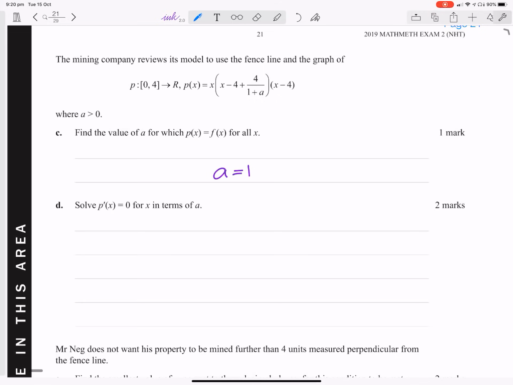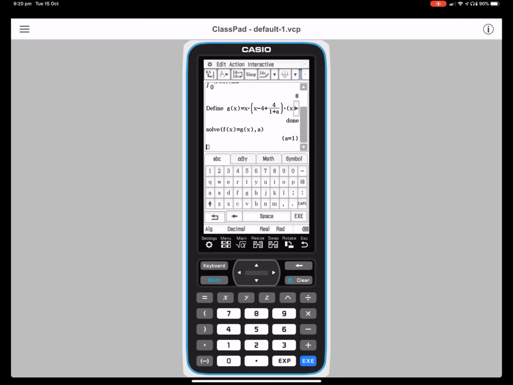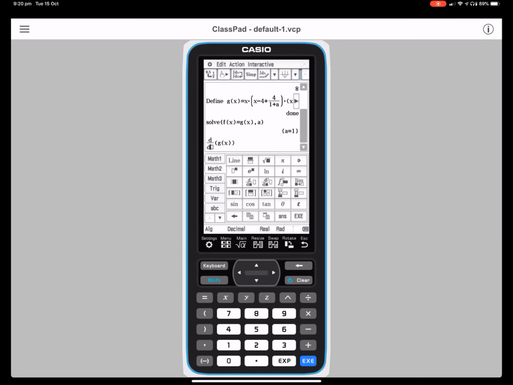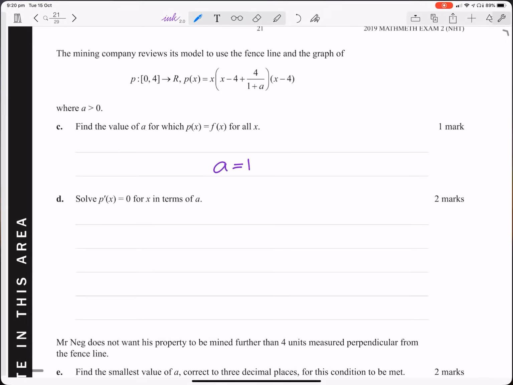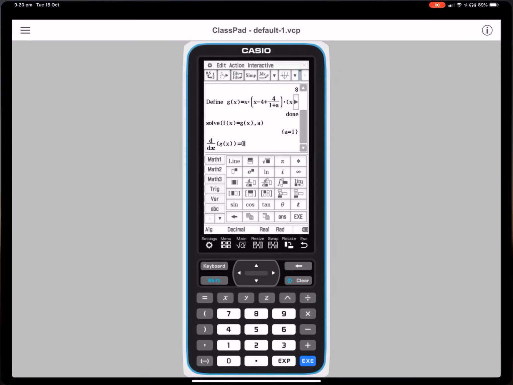Solve p dash of x for x in terms of a. So p dash of x, d dx of g of x equals 0, for x in terms of a.